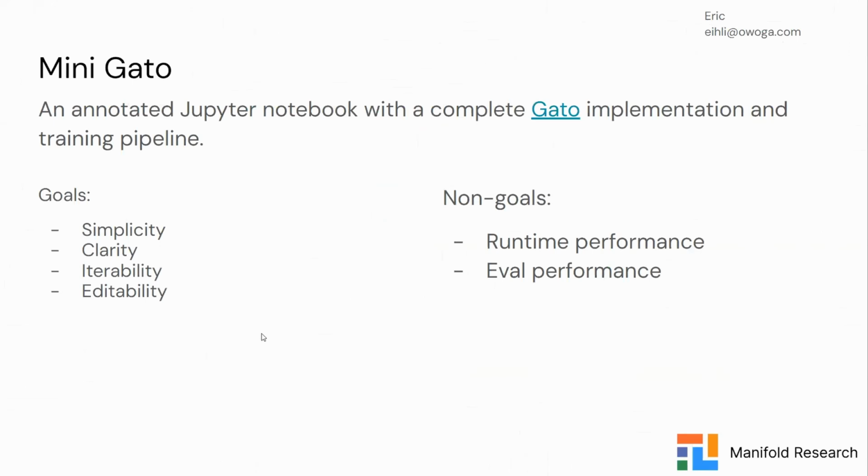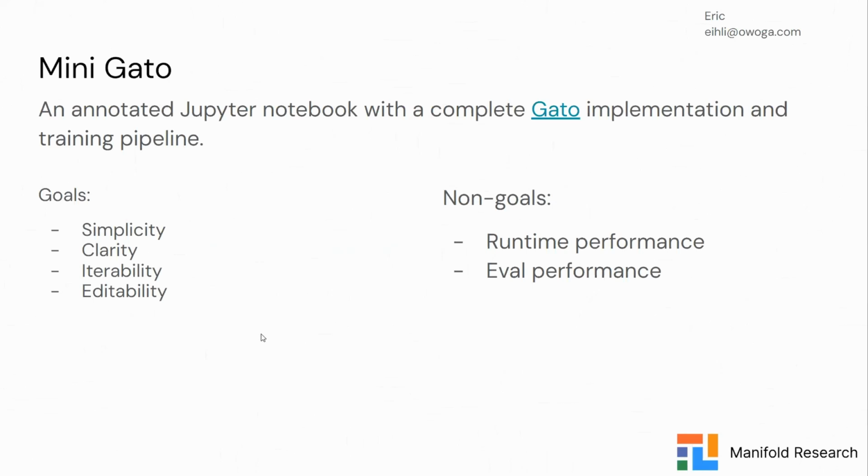Eric, I think this is all you. Awesome. So hello, everyone. I'm Eric, contact info up in the top right. And as Harsh was mentioning, Gato, that's what I'll talk about. I'm working on a Jupyter notebook, a more simplified, clear, understandable version of Gato with the goals in mind as described here on the slide.